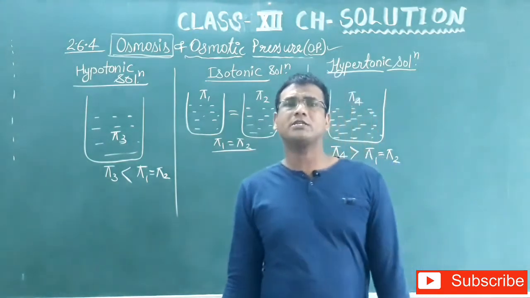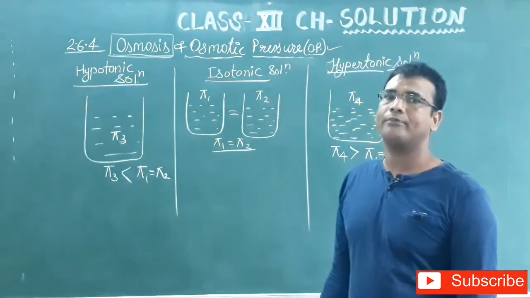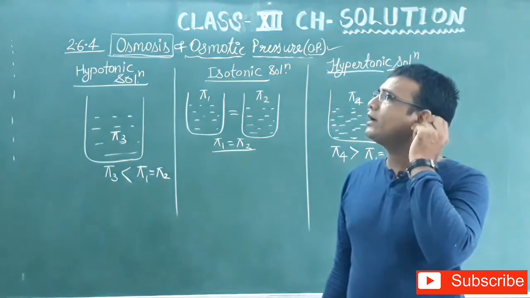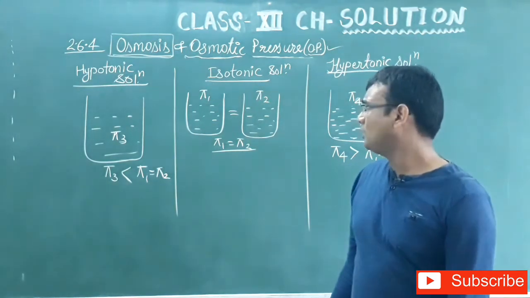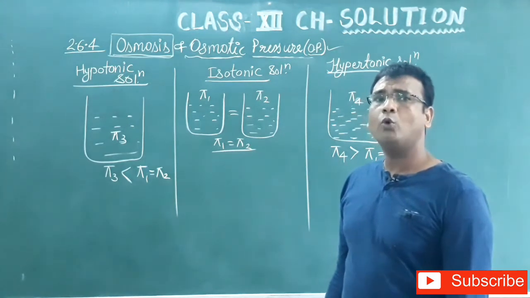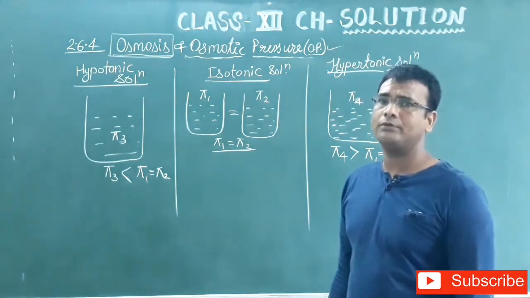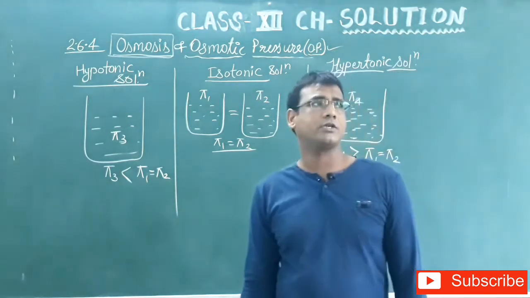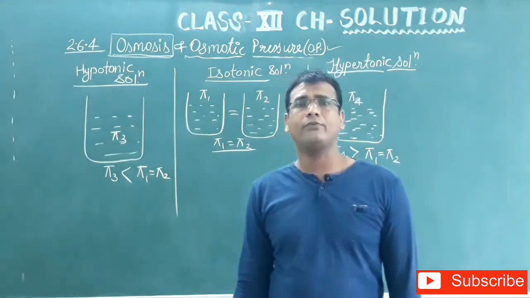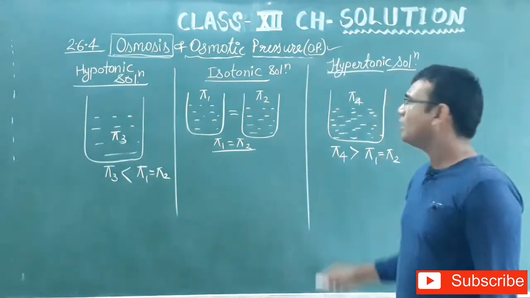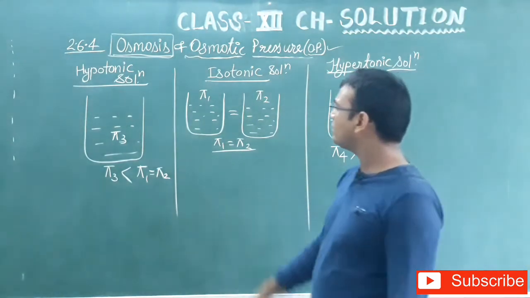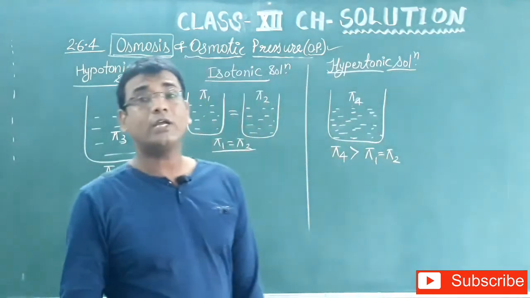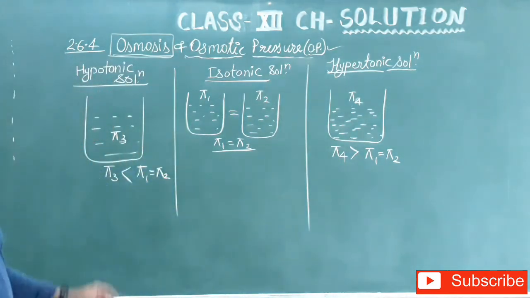Now from this concept, what type of questions are asked in the exam? See, the first question, just listen carefully: what will happen if RBC is kept in a hypertonic solution? When we talk about pi 1 and pi 2, the isotonic solution, what is the standard?